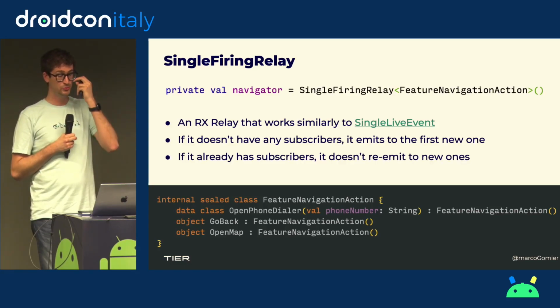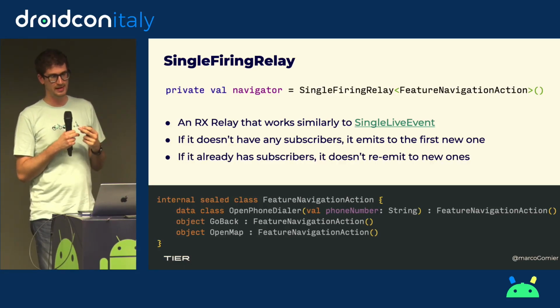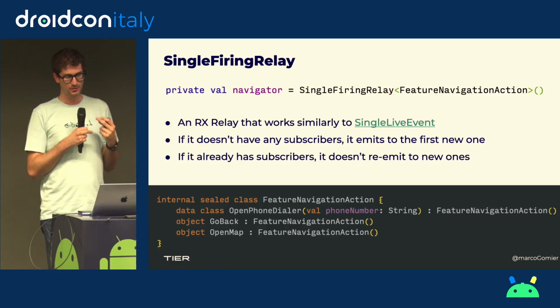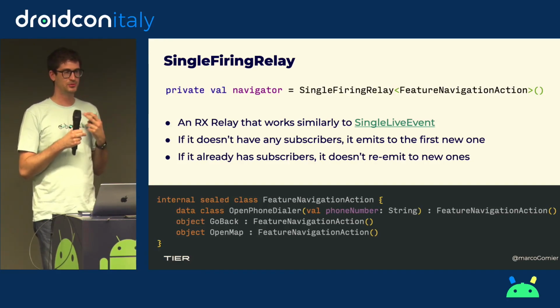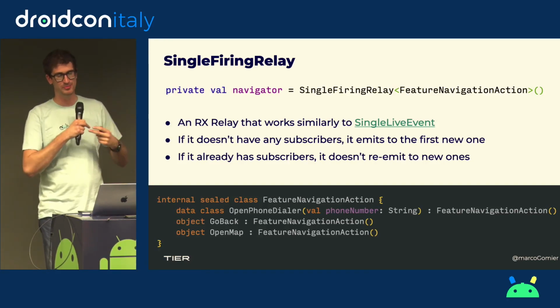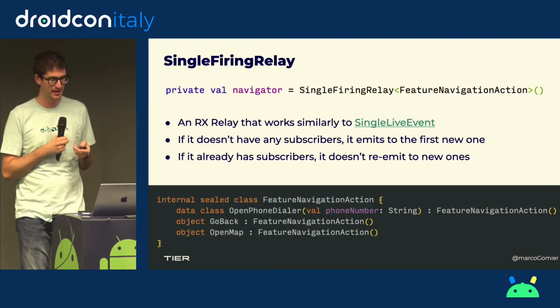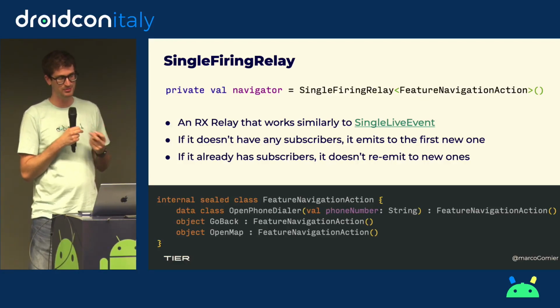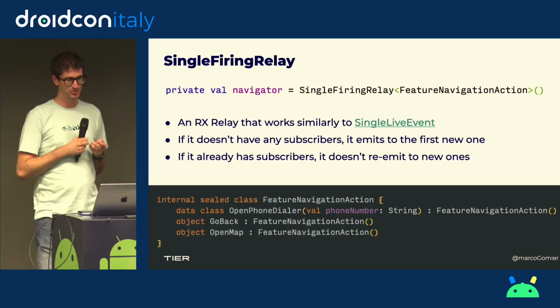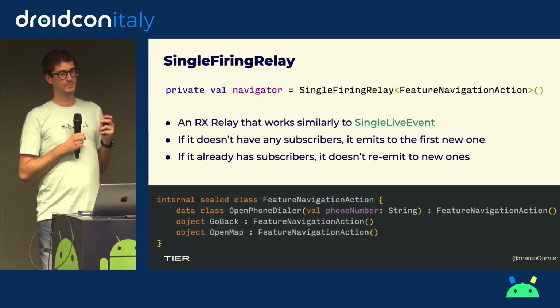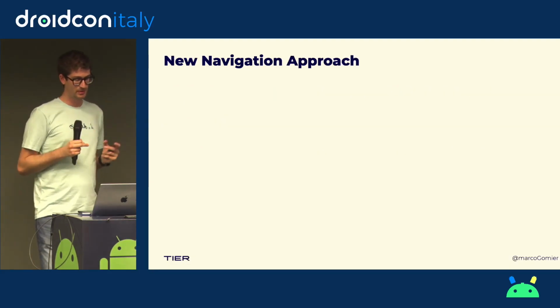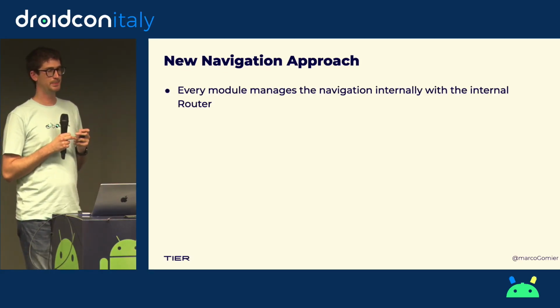But we don't want to emit all the stuff to existing subscribers, because we don't want to randomly trigger navigation. It could be fun for the user, but not so beautiful. So, a new navigation approach.